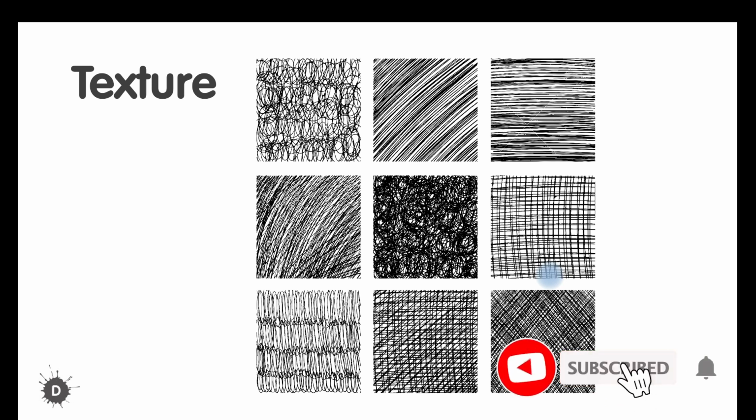Texture. Texture refers to the surface quality in a work of art. We associate texture with the way that things feel. Everything has some type of texture. We describe things as being rough, smooth, silky, shiny, fuzzy, and so on.